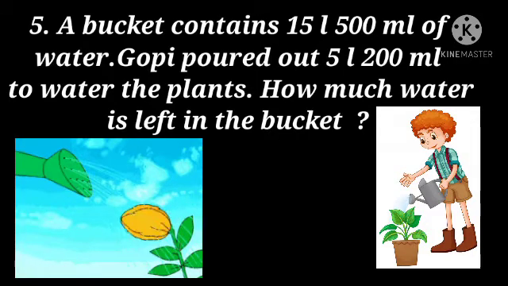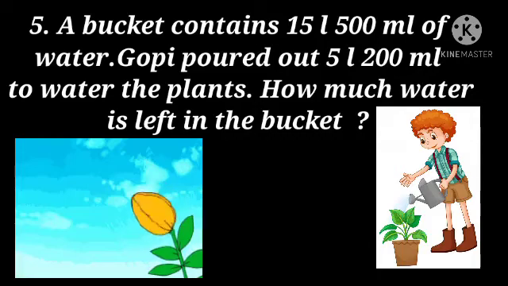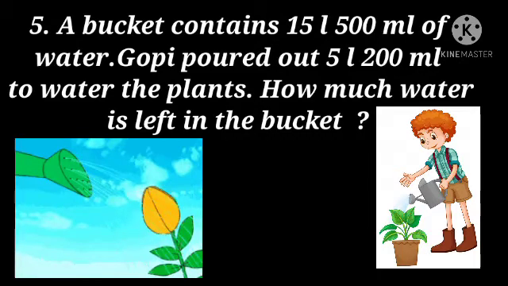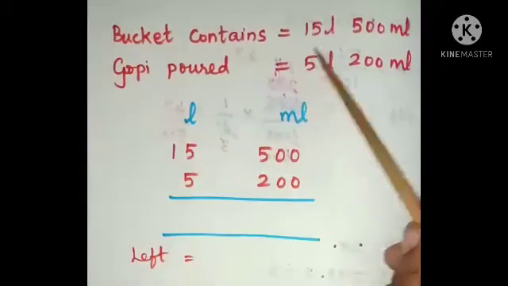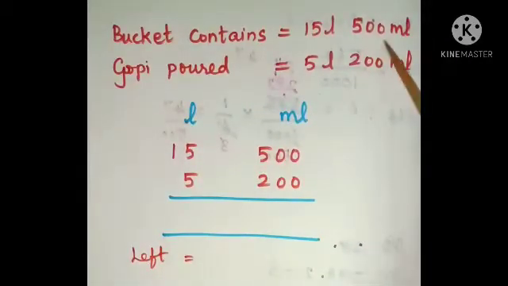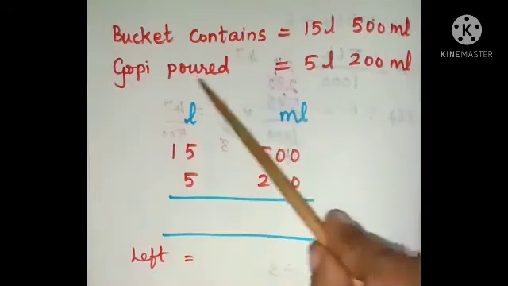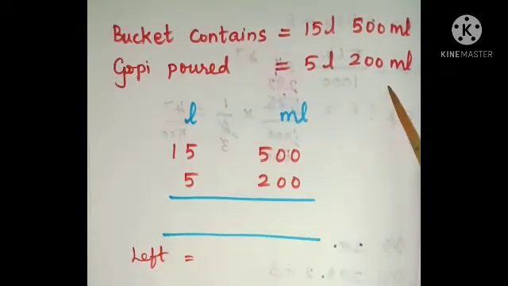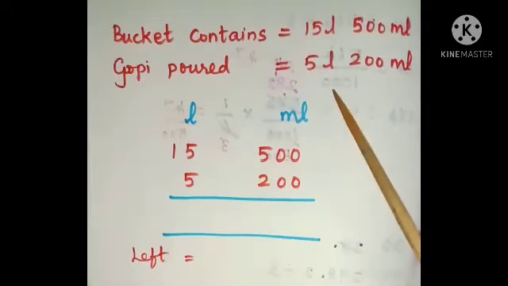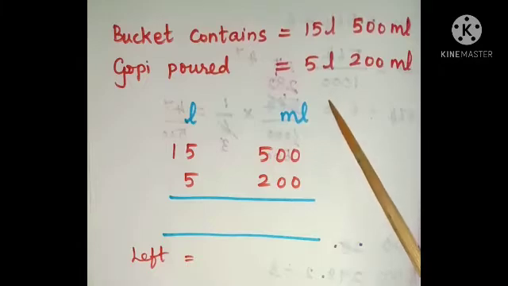Yes, you have to subtract 5 liters 200 milliliters from 15 liters 500 milliliters. A bucket contains 15 liters 500 milliliters of water. Gopi poured out 5 liters 200 milliliters to water the plants.